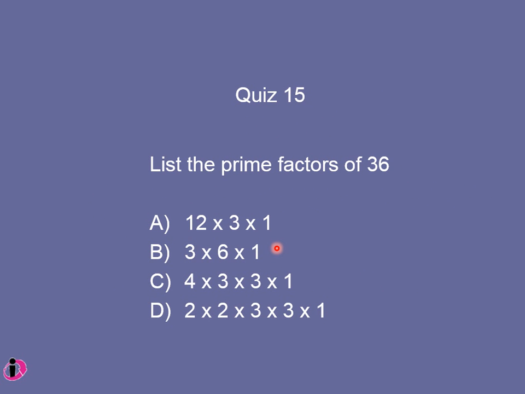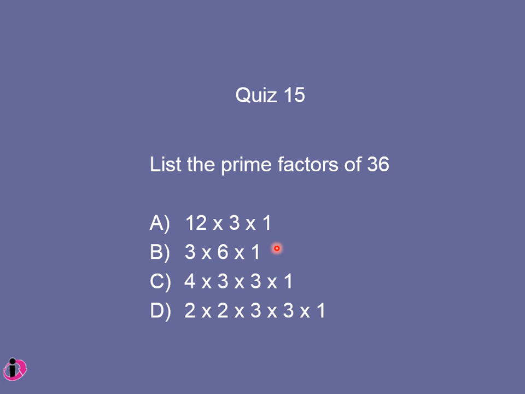Okay, if I write 36, I can start with 6 times 6. Now first of all, none of these are prime numbers, right? Because 6 can be divided by 2 to get a 3, right? So I can write 6 as 2 times 3. I can write the next 6 as 2 times 3, and I can always write a 1. I'm saying 1 is optional, but sometimes it's required because if you cancel out everything in some process, you'll be left with the 1 that you need.